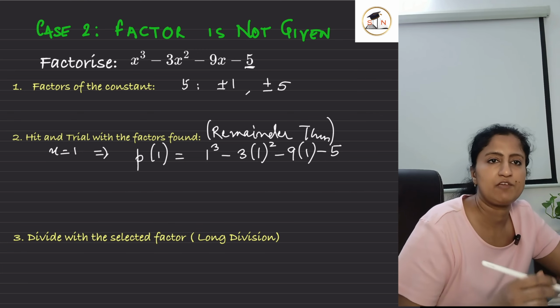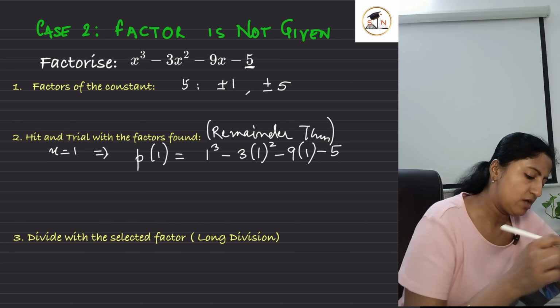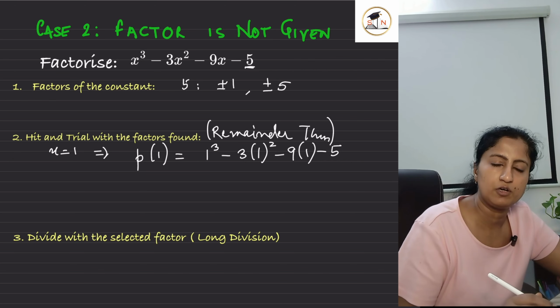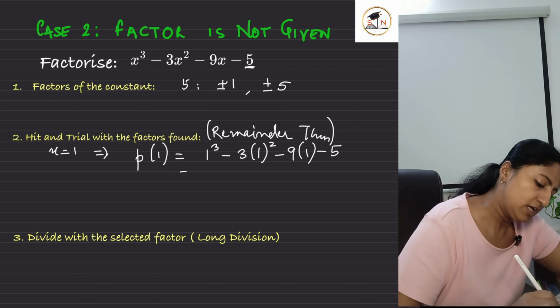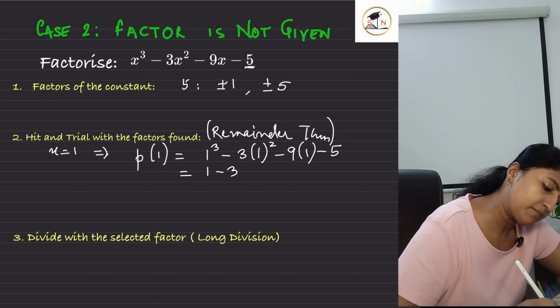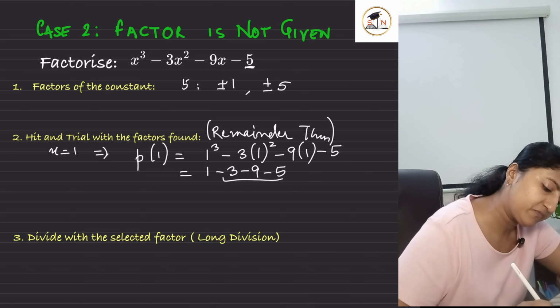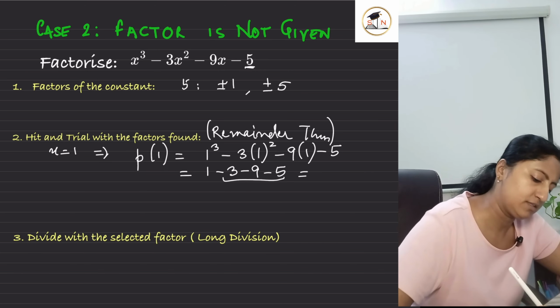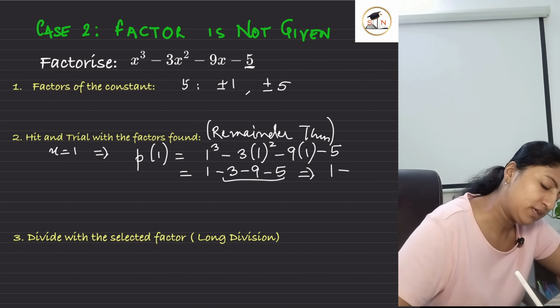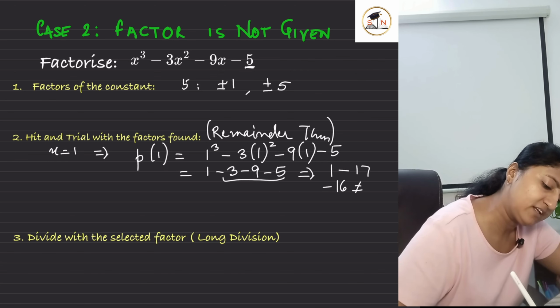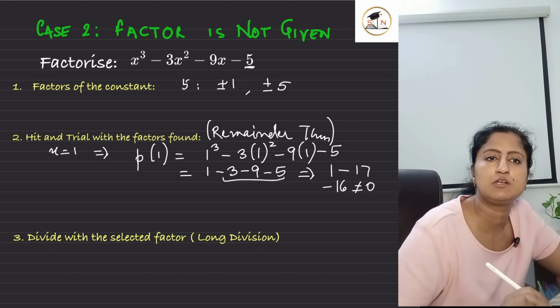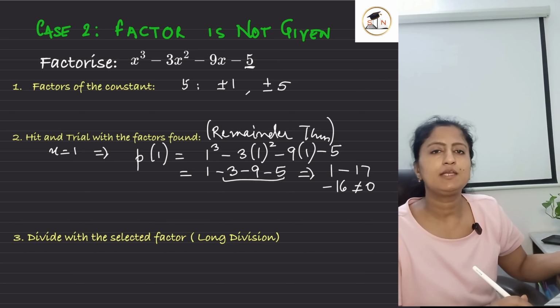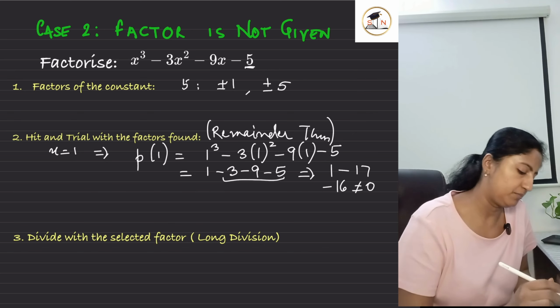If we get 0, that means 1 is going to be a 0 of the polynomial, otherwise not. So what we get is 1 minus 3 minus 9 minus 5. And as we can see, the negatives are bigger. It is giving me 1 minus, we have 12 and 5, that is 17. And that results in negative 17, which is not equal to 0. So therefore, 1 is not a 0 of this polynomial.